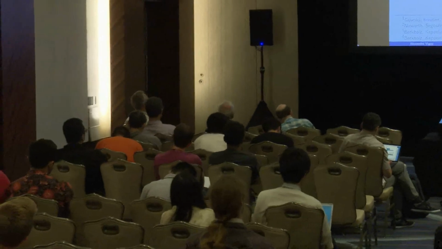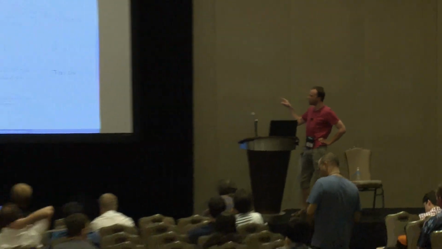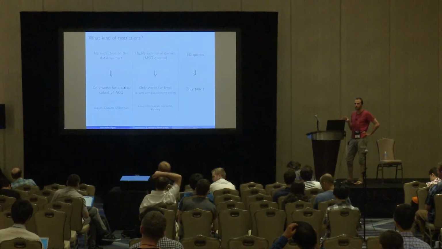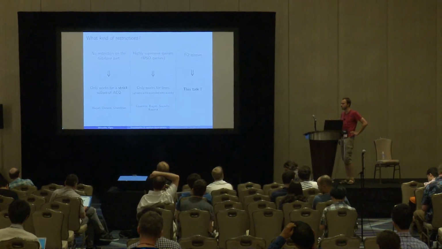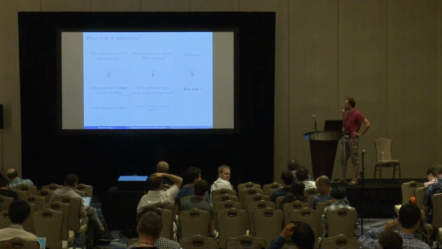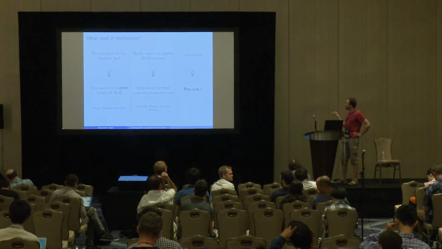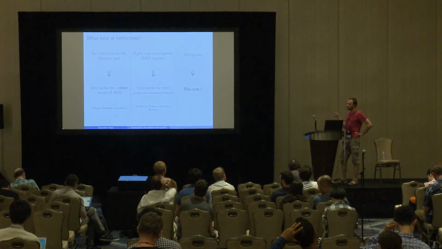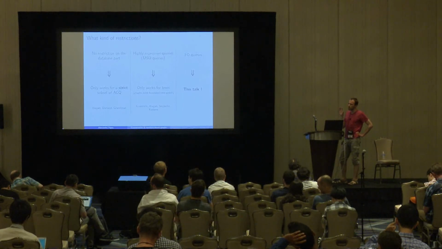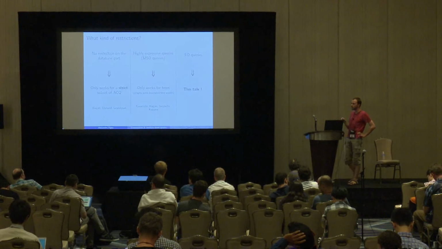In all this work that you cite, are there also some implementation efforts going on? Okay, so let's go back a little bit. I think that the work about the free-connex acyclic conjunctive queries is implementable, and it might have been implemented, actually. I don't know. For trees, there is the blow-up when you go from MSO queries to automata, but if you start with an automaton, that might be implementable, I don't know.